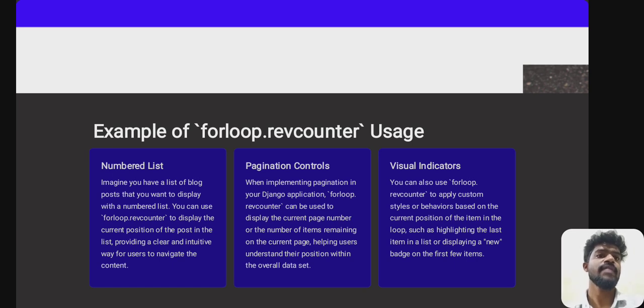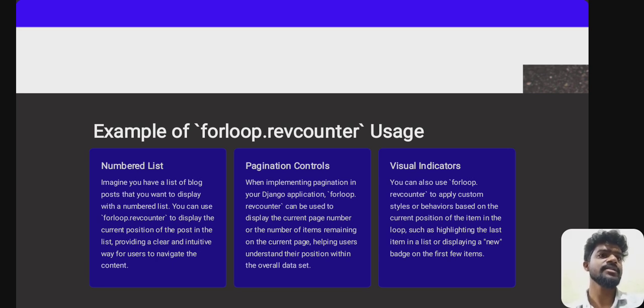Pagination controls. When implementing pagination in your Django application, forloop.counter can be used to display the current page number or number of items remaining on the current page, helping users understand their position within the overall data set.